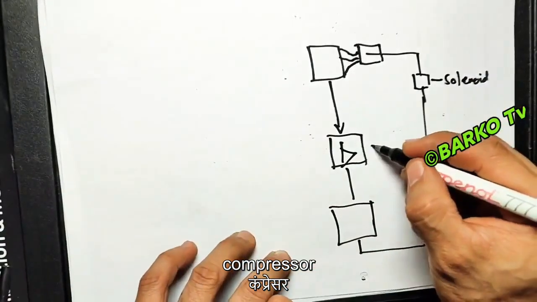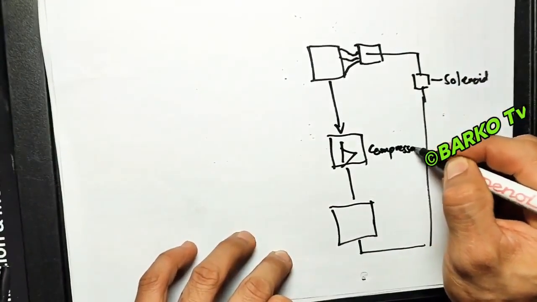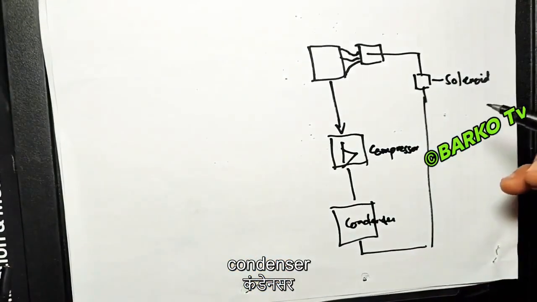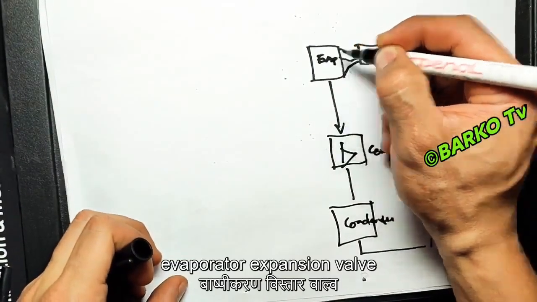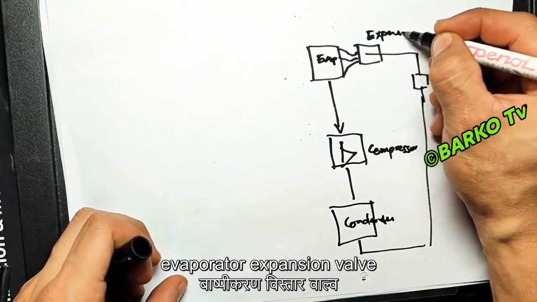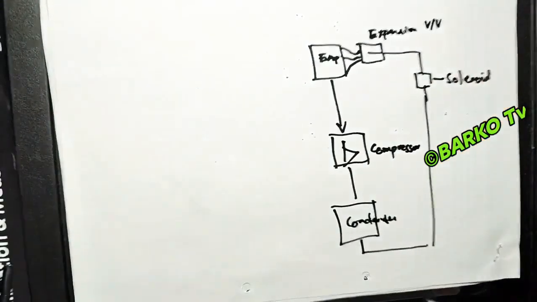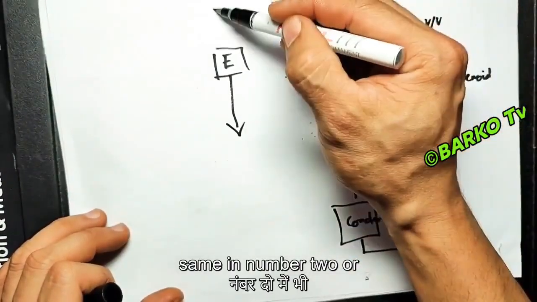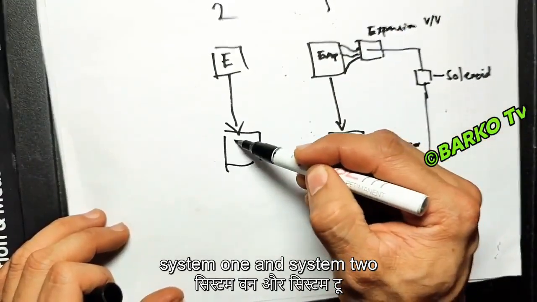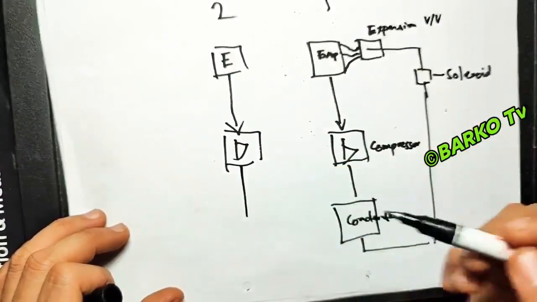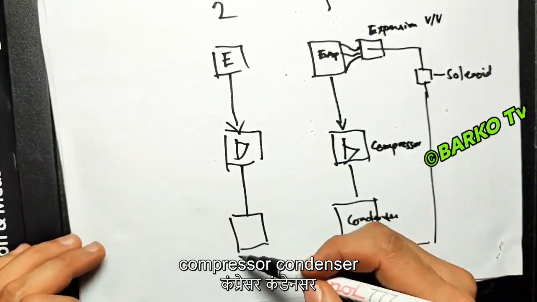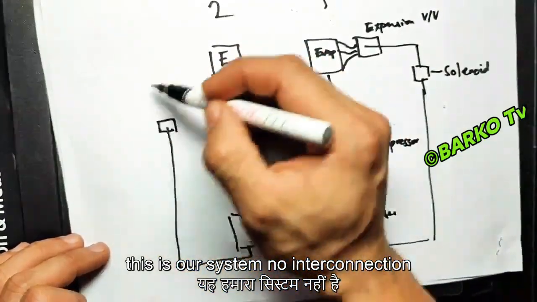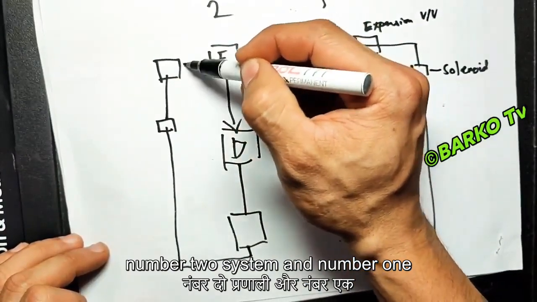Compressor, condenser, evaporator, expansion valve. Same in number 2 or system 1 and system 2. Compressor, condenser. This is our system, no interconnection. Number 2 system and number 1.